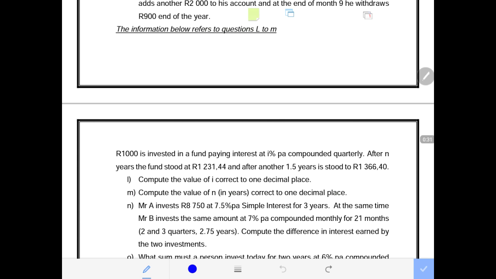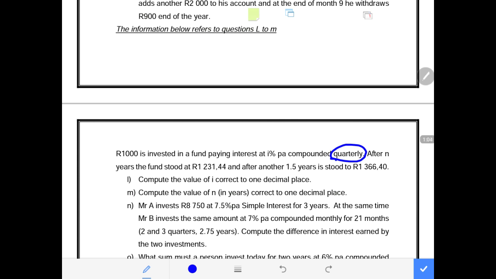The first one says that 1,000 is invested, which is the scenario for these two questions. 1,000 is invested in a fund paying interest at I percent per annum compounded quarterly. We know that the interest is compounded quarterly, but we don't know the rate for this interest. After n years, the fund stood at 1,231.44.